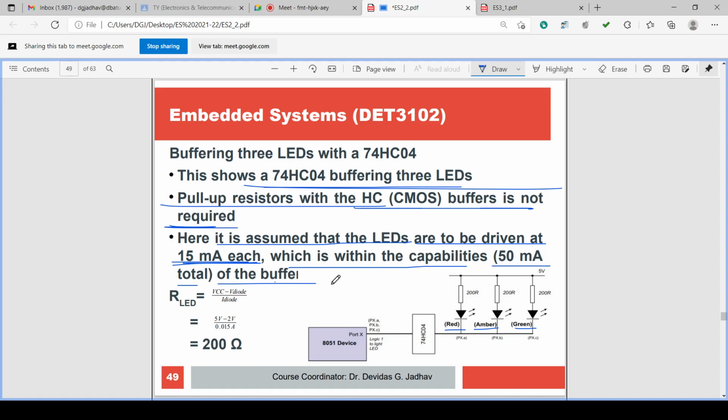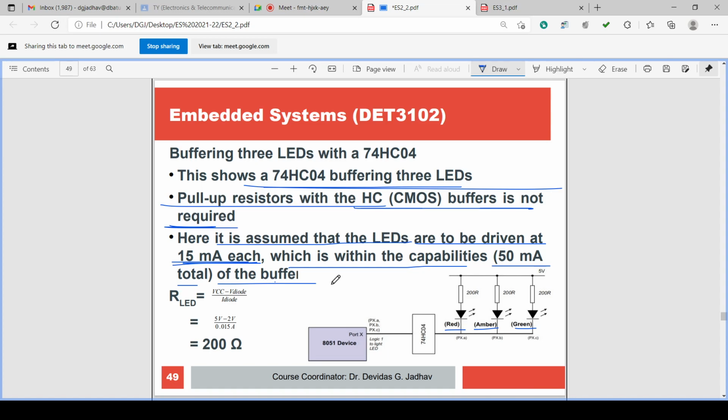And what is the RLED required? The LED voltage is 2 volts and the VCC voltage is 5 volts. 5 minus 2 is the voltage across the resistor, and each resistor should provide 15 milliampere to the LED.